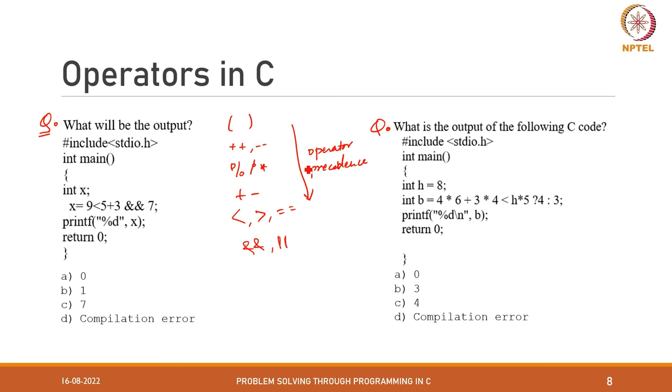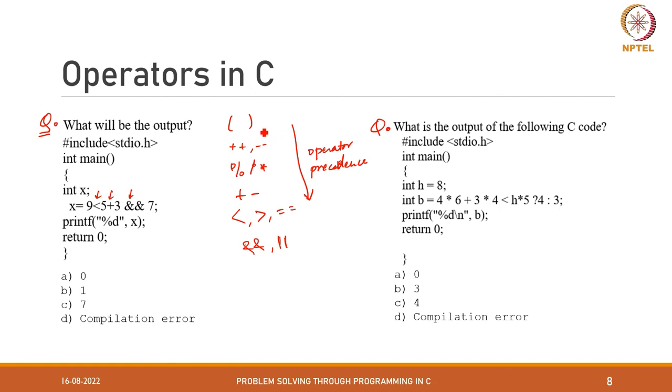Operator precedence is basically, say you have many different operators in this particular statement. You have a less than operation, you have a plus operation, and you have a logical and operation. If there are multiple operators like this in a single statement, in which way would you evaluate this expression?